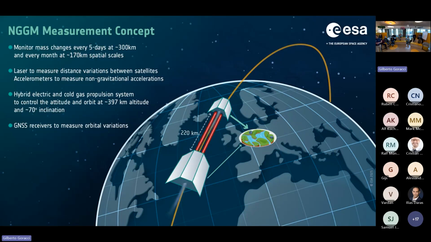So the measurement concept of NGGM is basically we have two satellites working in a pair, and we have a laser to measure the distance variation between satellites and accelerometers to measure the non-gravitational acceleration.